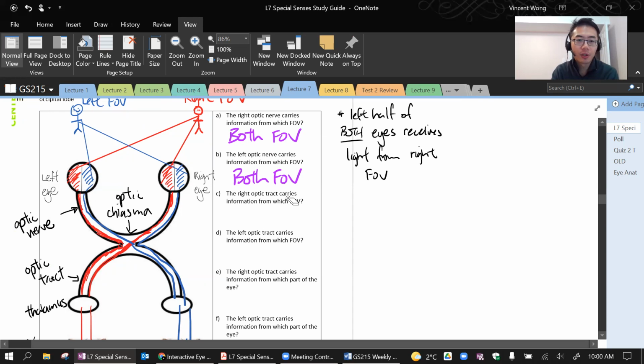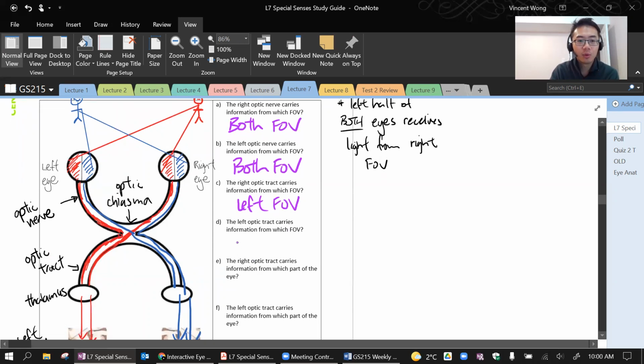The right optic tract carries information from which FOV? The right optic tract is right here. You can see it is exclusively blue, which represents our left FOV. The left optic tract would be the right FOV, or red.